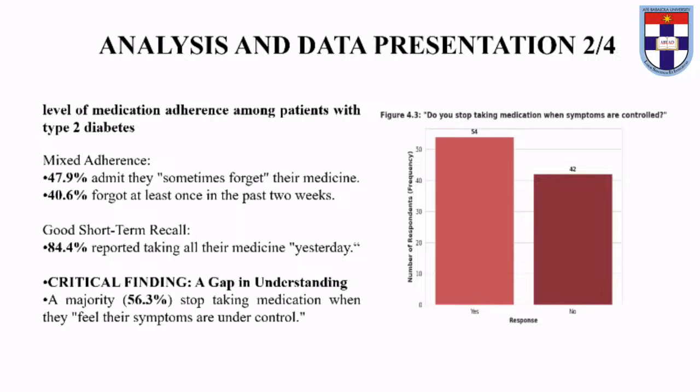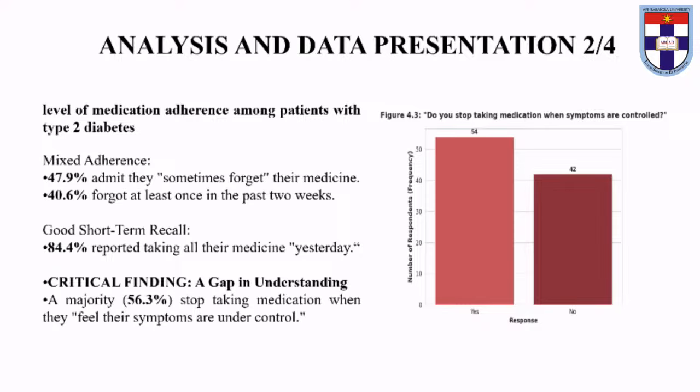However, when it comes to lifestyle tasks like diet and exercise, which are a core management of diabetes mellitus, they are not adherent to it. When you look at it, 47.9% admit they sometimes forget their medication. It was also observed in the result that 84.4% of them took their medication yesterday, before coming to the clinic.